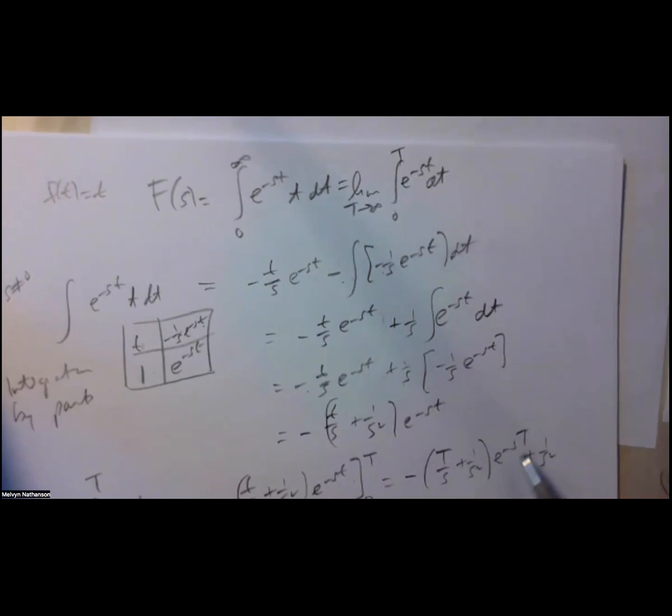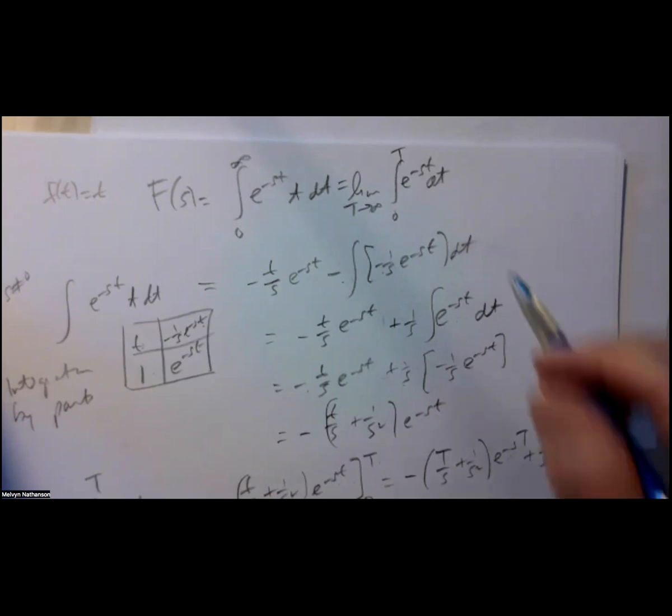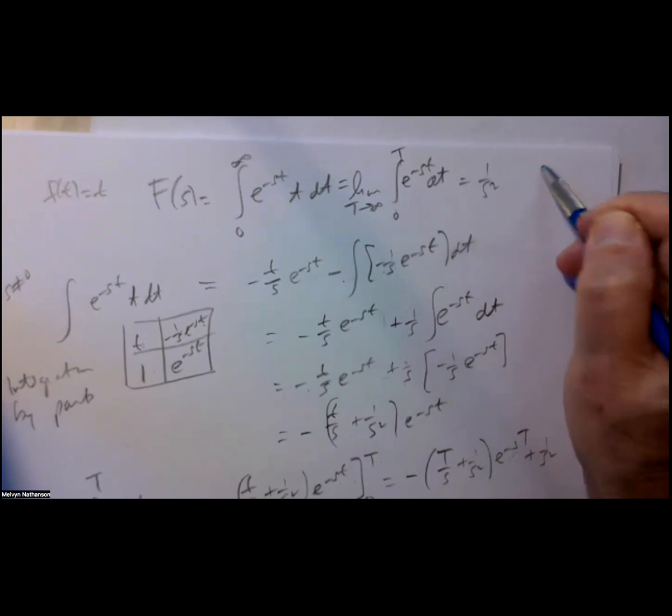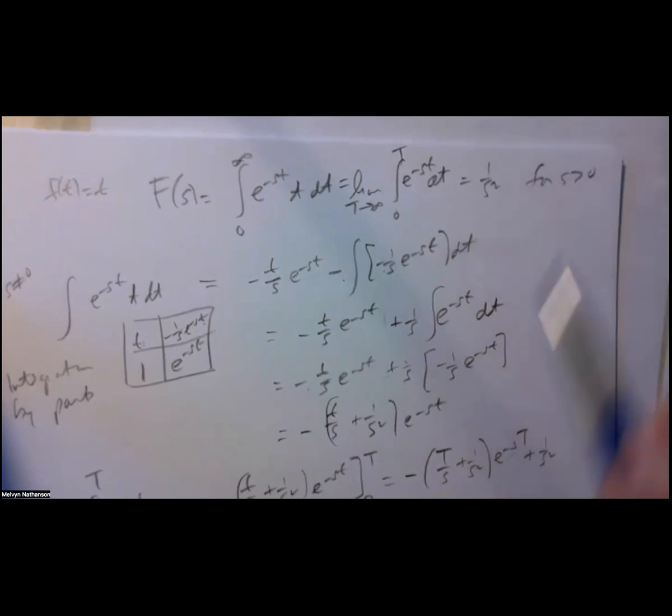As capital T goes to infinity, if s is positive, this goes to 0. If s is negative, this goes to infinity. So this integral converges only for s positive, and this is equal to 1 over s squared for s greater than 0.